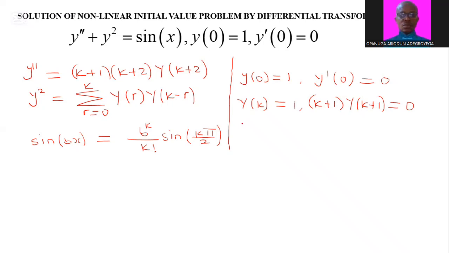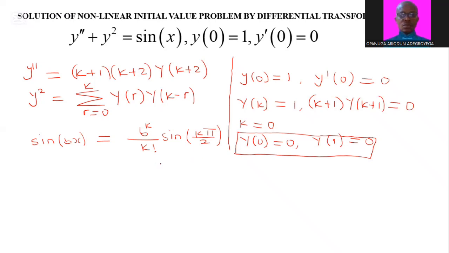We complete the transformation at k equal to 0 only. So this becomes Y(0) equal to 1 and Y(1) equals 0. This is the transformed initial condition.